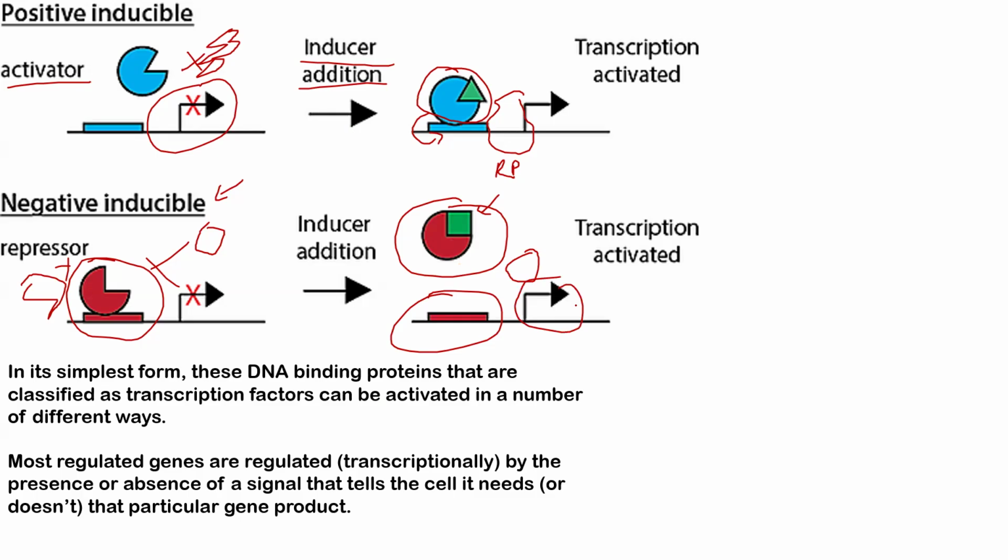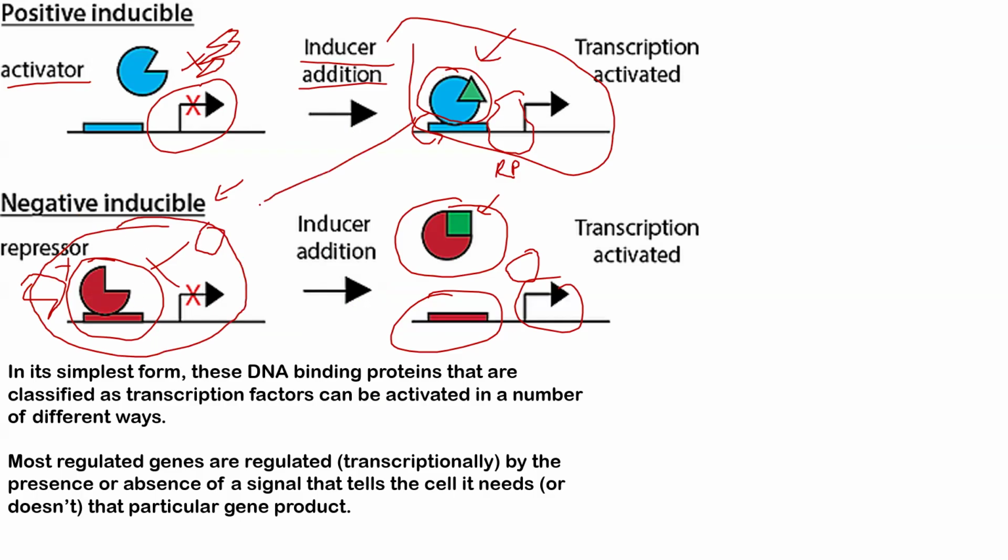Now, repression can also occur in the same way. So we have positive inducible, negative inducible. We also have positive repression and negative repression. This pathway, right over here, looks a lot like this pathway here, where it's still bound, right? So this is bound to the cycle.